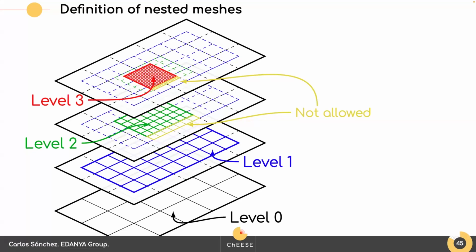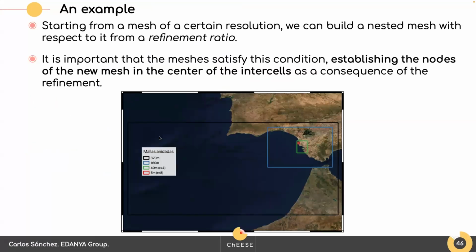So to illustrate the example that we showed before, if we want to achieve, for example, a resolution of, let's say, 5 meters in a very specific population area in which we are interested in inundation, we can consider this set of nested grids.